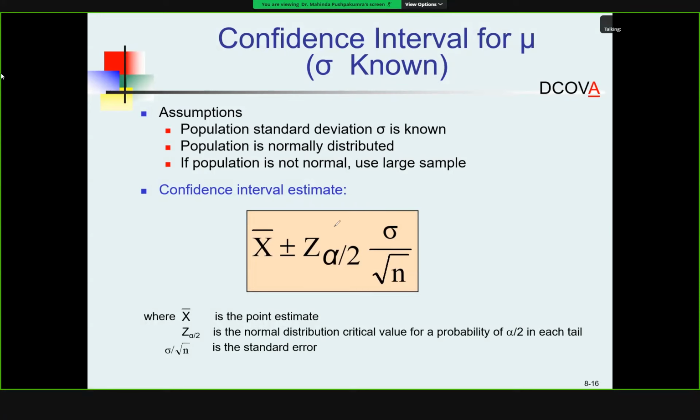Okay, now this is the formula you can use to construct confidence interval. Now in our example, I make a statement: the population mean is between 90 and 100. That means the average number of messages received in this population for the last 5 hours is between 90 and 100.